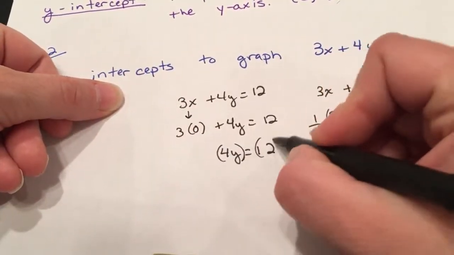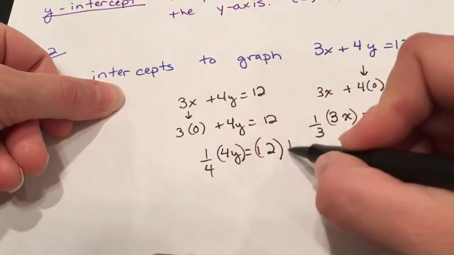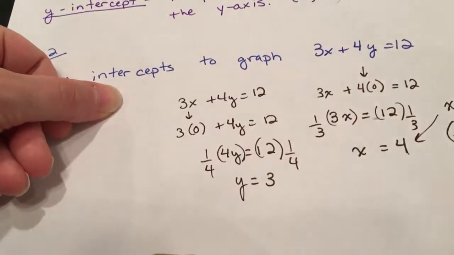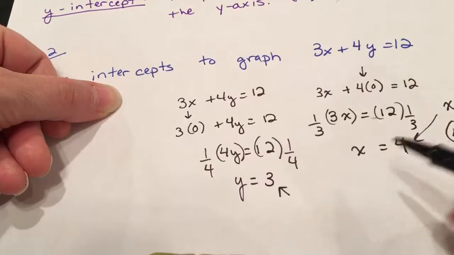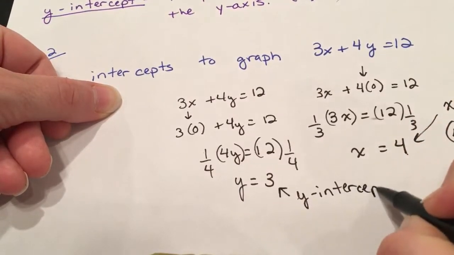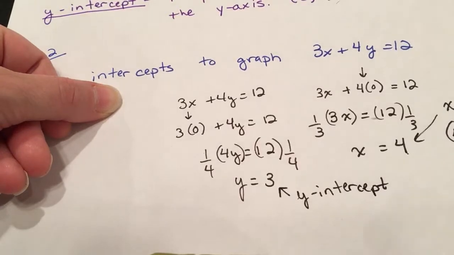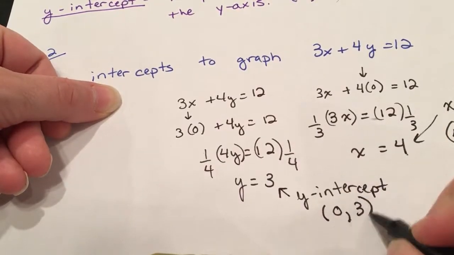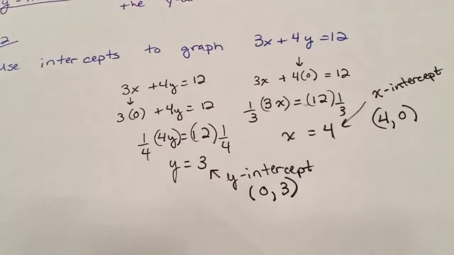Solve for y and we get y equals 3. In other words, this is my y-intercept. Okay, this is the point 0, comma 3. So these are my 2 points.